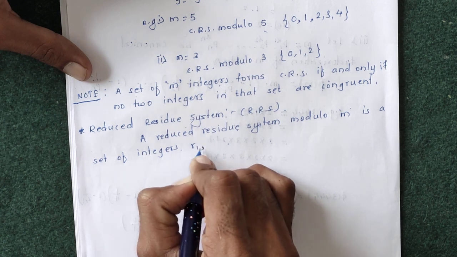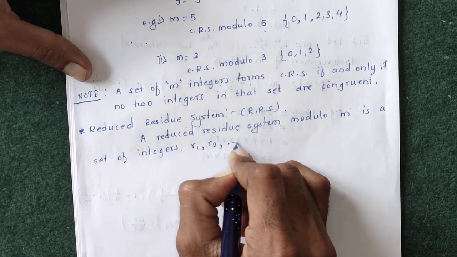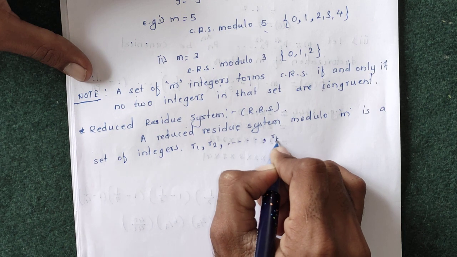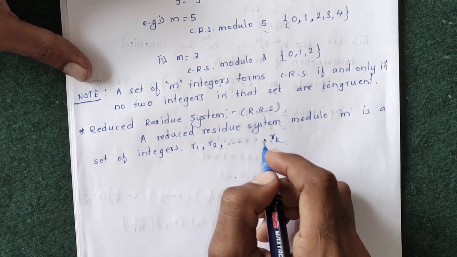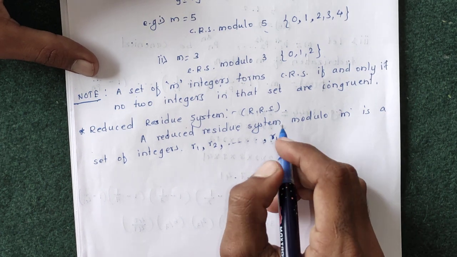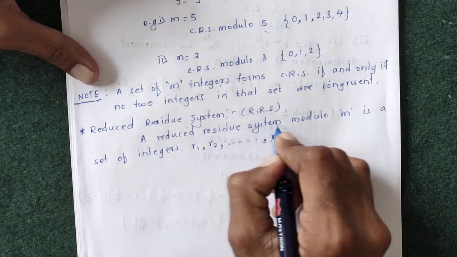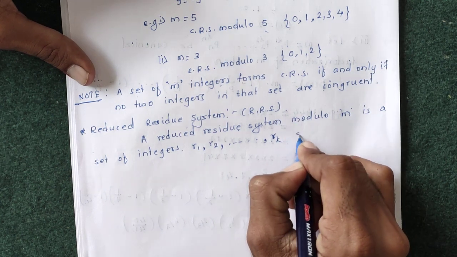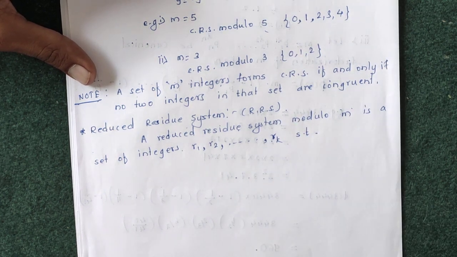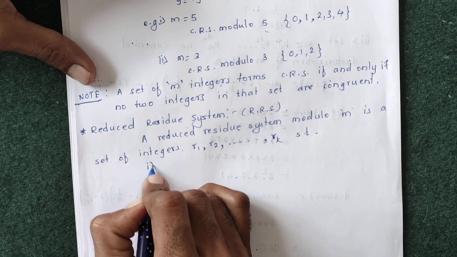Suppose r1, r2 up to rk. A set of these k integers forms an R.R.S., that is a reduced residue system modulo m, if this set of integers satisfies the following conditions.